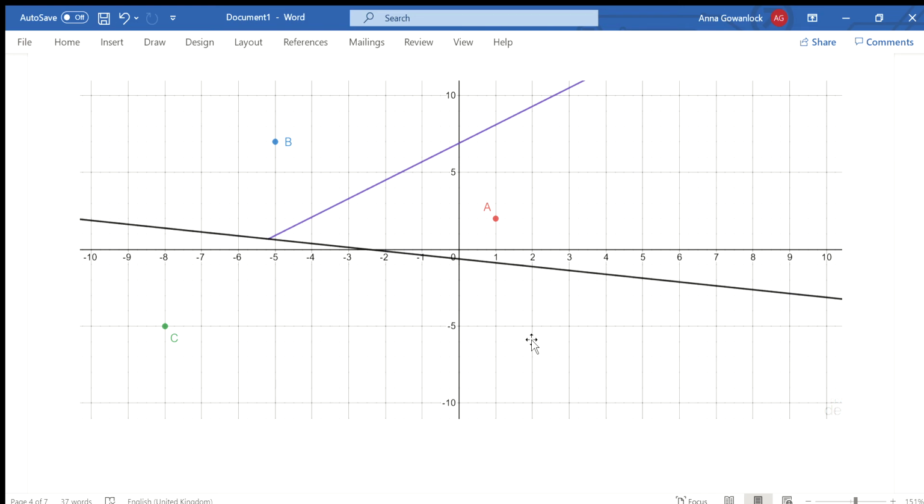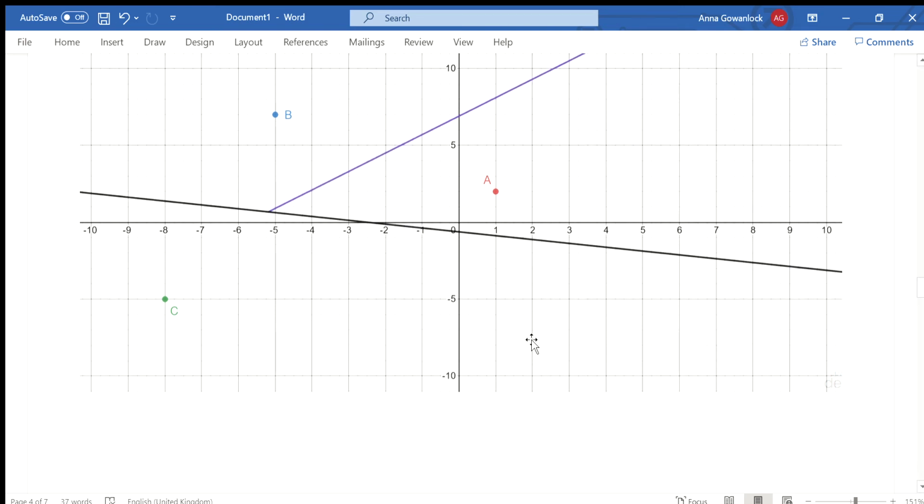Okay, and now we're going to do the AC calculation to see where our midpoint, the one that's going to divide up this, is going to meet these lines.